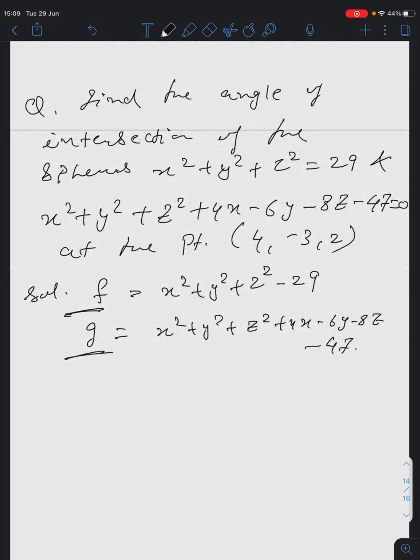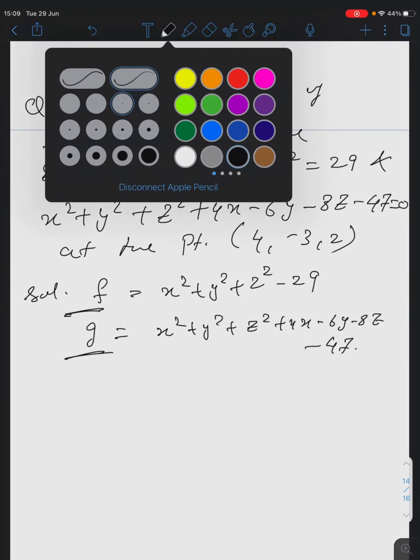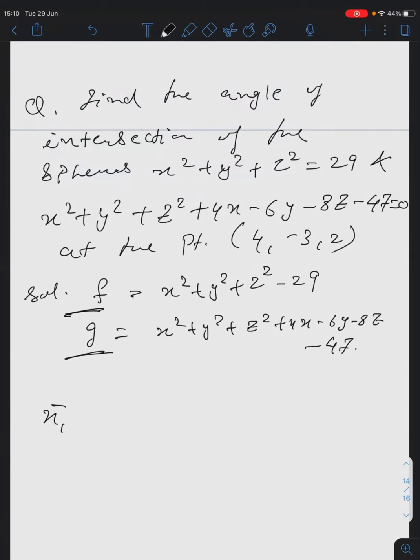You calculate gradient of f. Let n1 bar be the normal. So that will be gradient of f at the point (4, -3, 2).